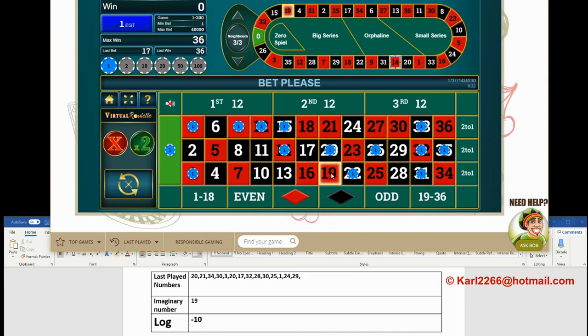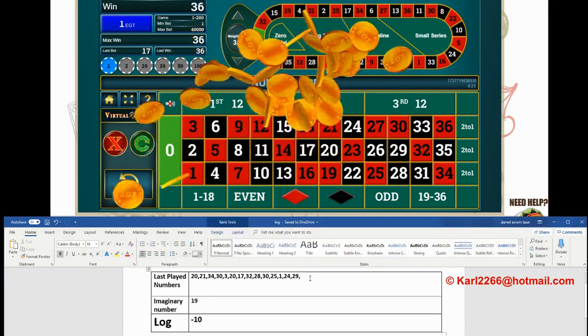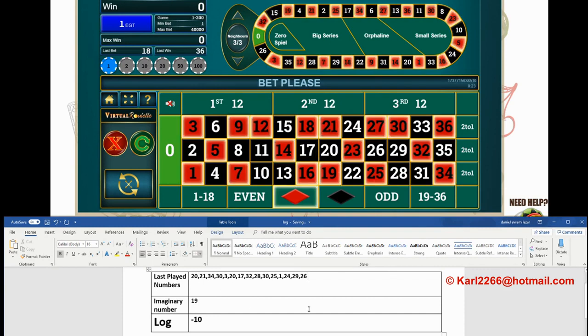So we place bets on 19, 4, 21 and number 2. Alright? And after 29 we got a new winning number, which is number 26. Okay, it's a win. It's exactly the terminal from number 19, what we got before, imaginary number.